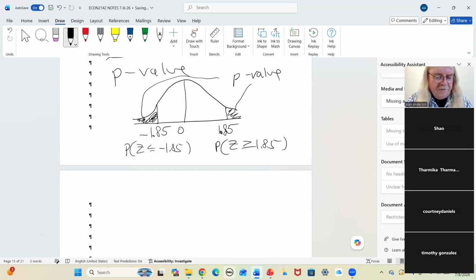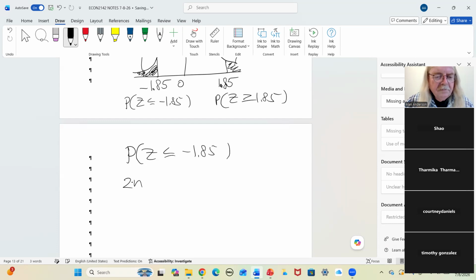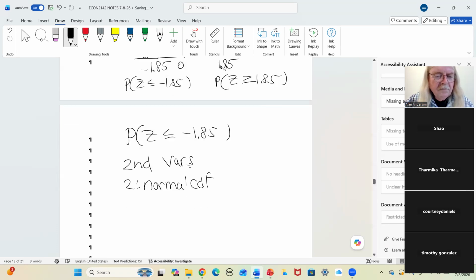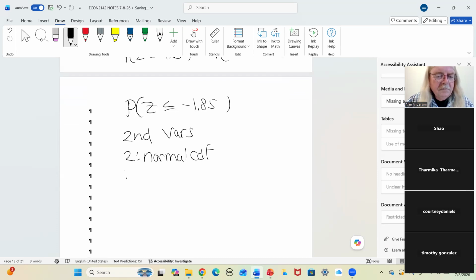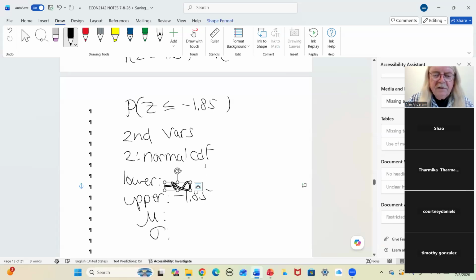So if you go to normal CDF, I'll just randomly pick the one on the left. So we have negative infinity up to negative 185. But of course, there is no negative infinity in here.